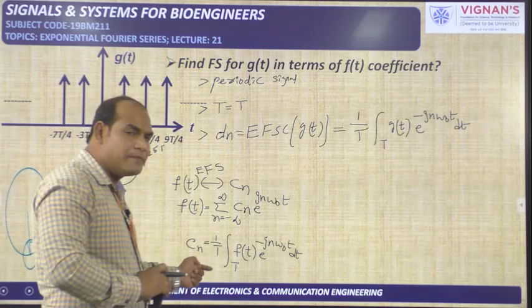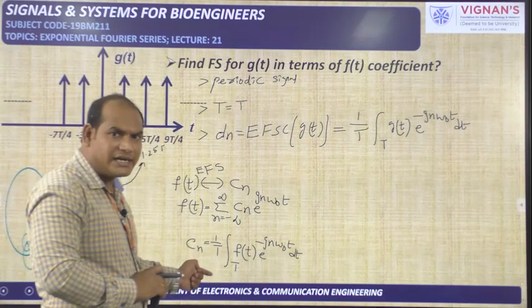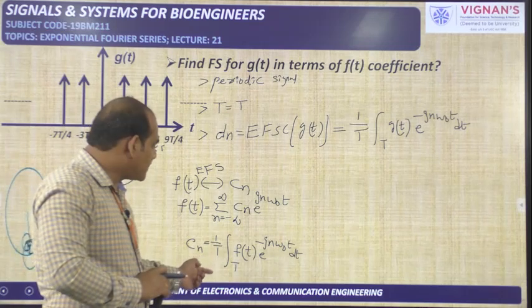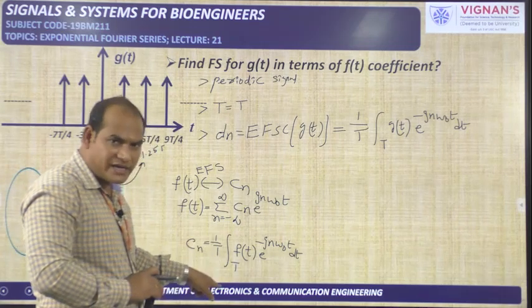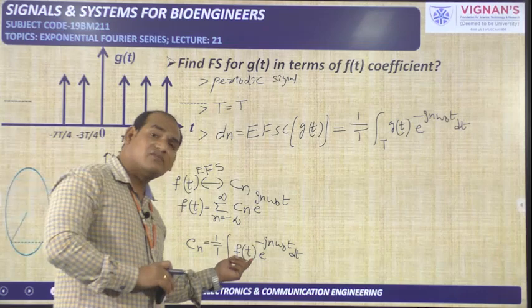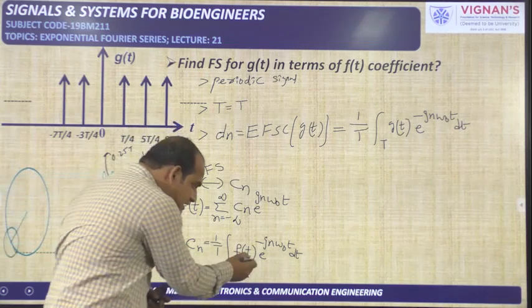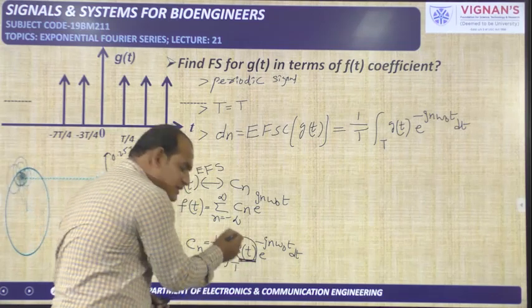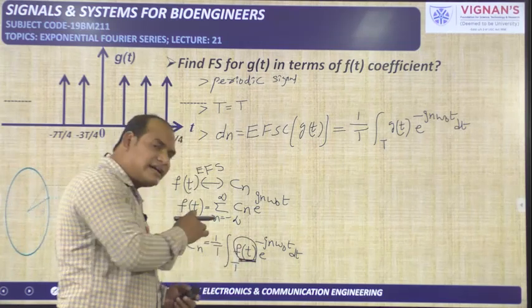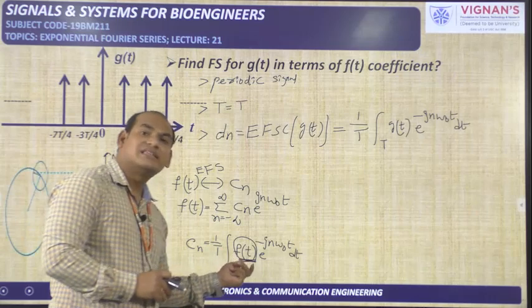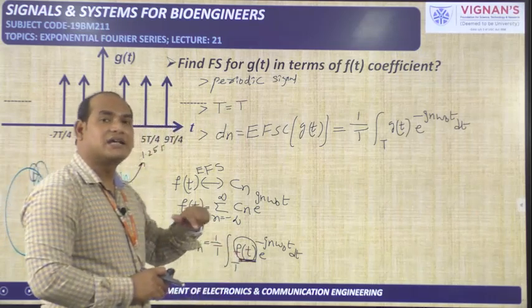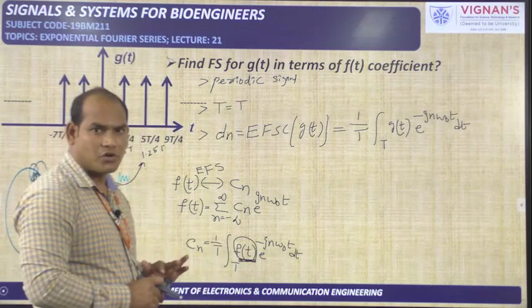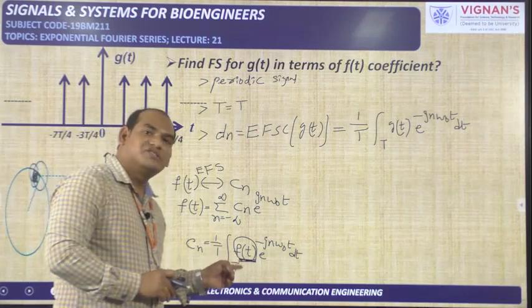So 1 by the time period of the signal for which we are calculating the Fourier series coefficient, integral over one period. For which signal we are finding the coefficient, that signal has to be written here. Don't get confused about this particular thing. After writing the integral symbol, you need to write the signal for which you are calculating the coefficient. So this place will change.